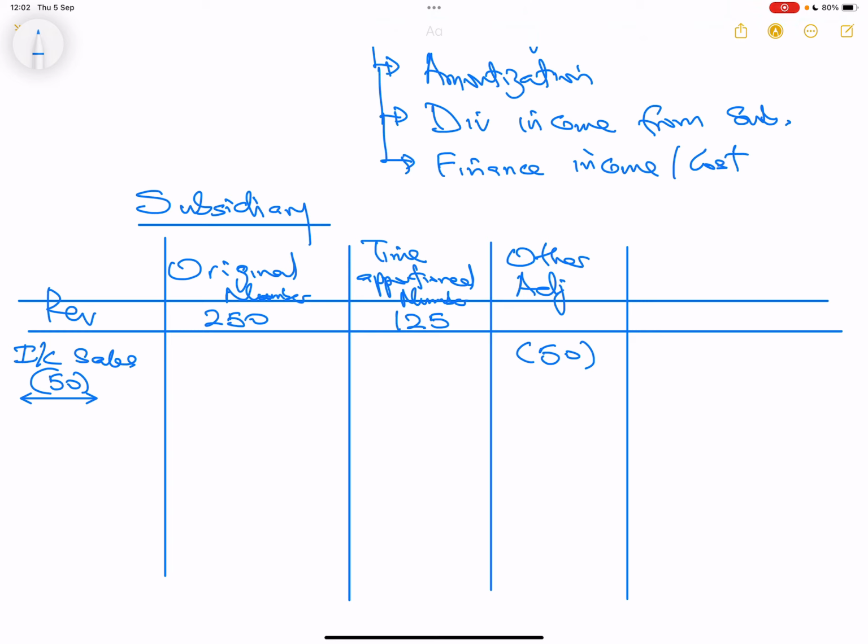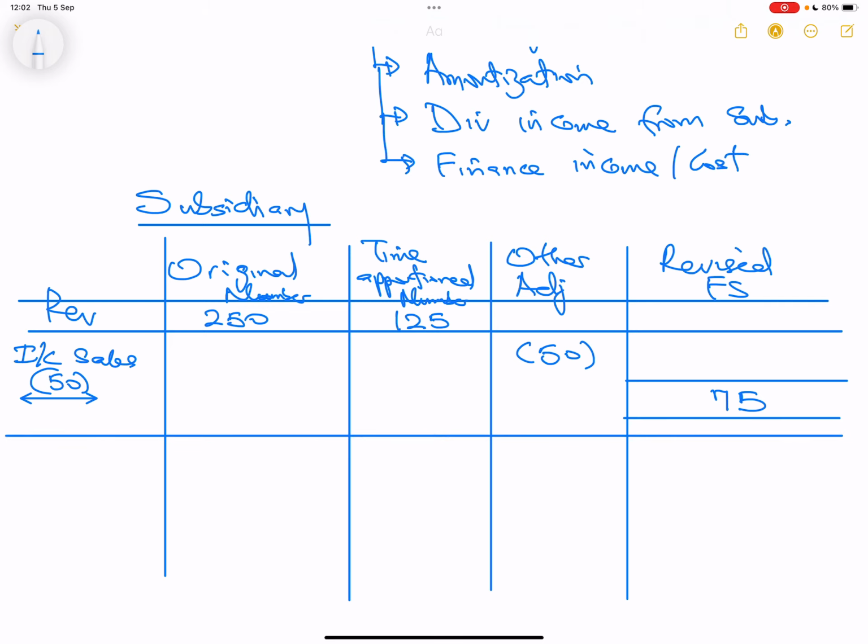And in that case, we will now have a revised FS, yeah? So the revenue figure for this subsidiary will be 125 minus 50, and that will give us 75. All right, so that's revenue adjustment done.